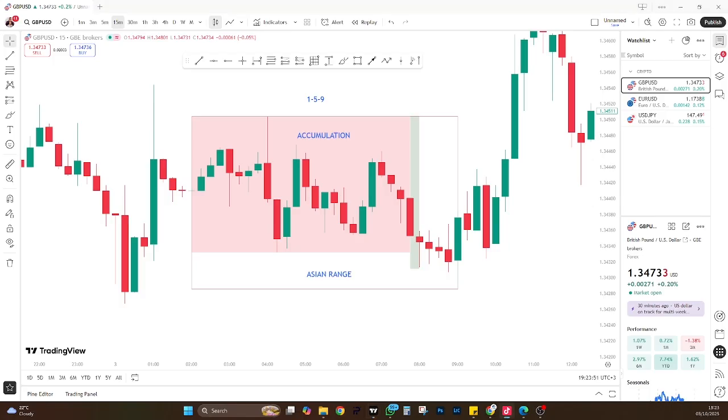If the highs are taken out, look for shorts or for sales. If the lows are taken out, look for longs or for buys. If none has been taken out between 7:50 and 8 a.m., wait for the whole Asian ridge to finish, which happens in the next 1 hour to 9.